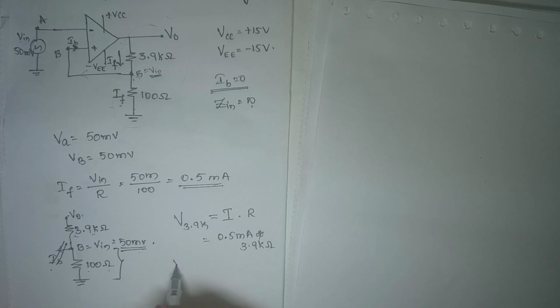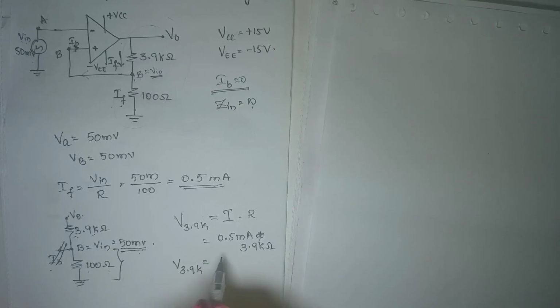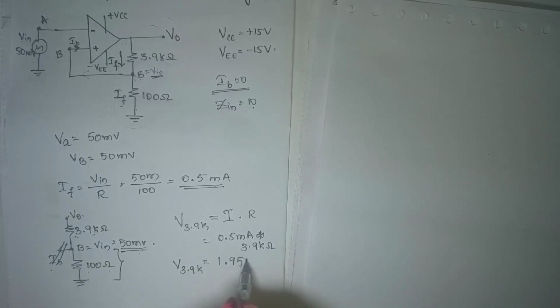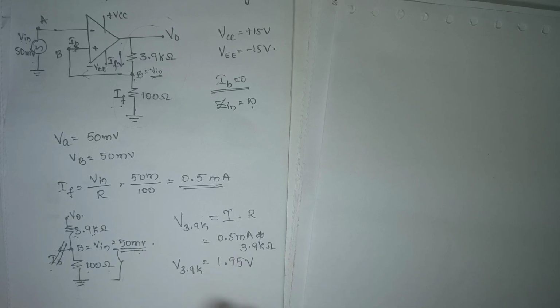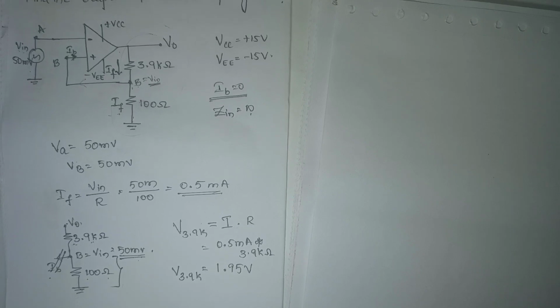So what is the value now? V across 3.9 kilo ohm is approximately 1.95 volts. I need the value of V0 now, right?